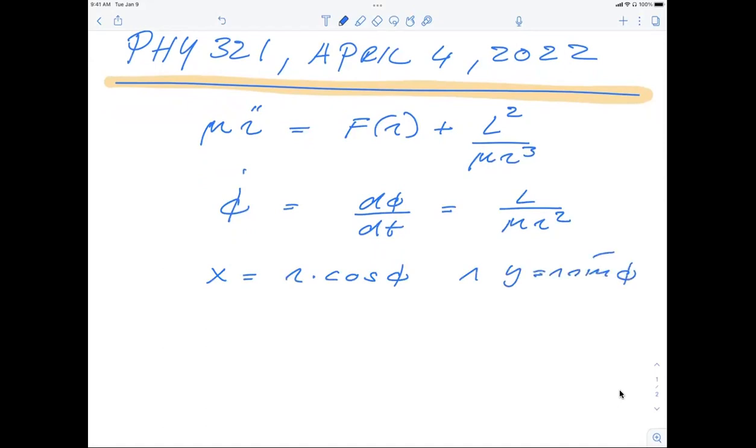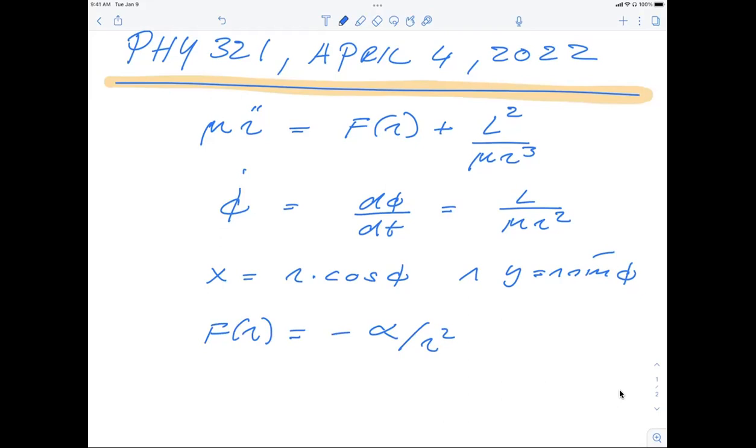What we found is that for the type of force which is given by minus alpha divided by r squared, which is an example of the gravitational force, it could also be the Coulomb force, or any force which goes like the inverse squared relative distance between two objects.